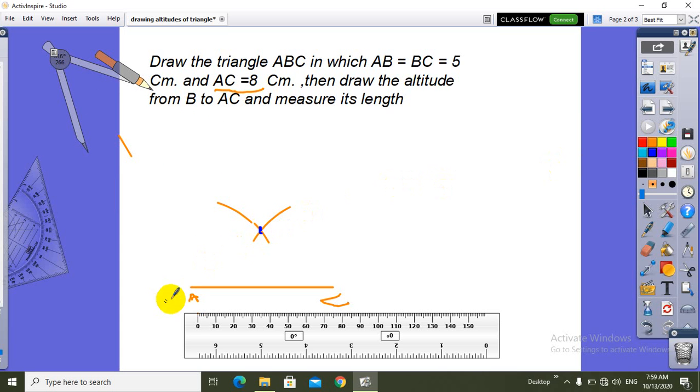I want to join this point with A and this same point with C. This point is called what?